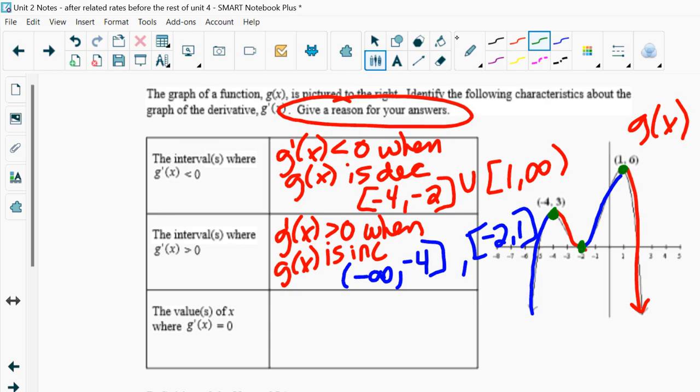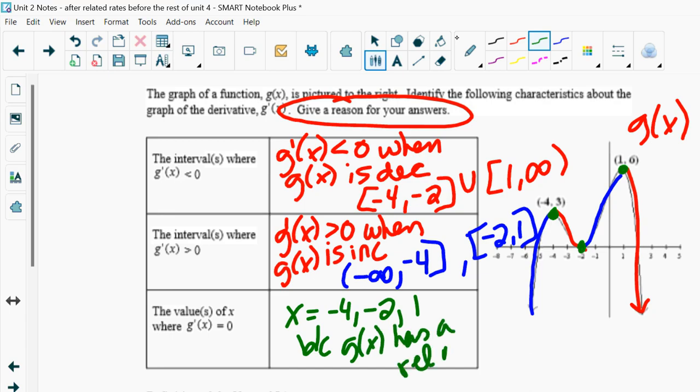So I can say relative, well, actually I'm going to say x equals -4, -2, and 1 because g of x has a relative max or min at those values.